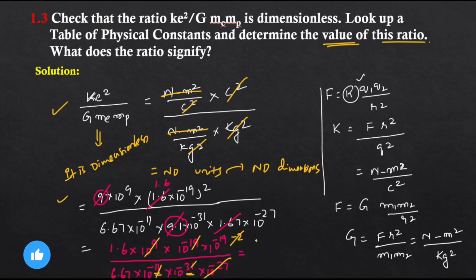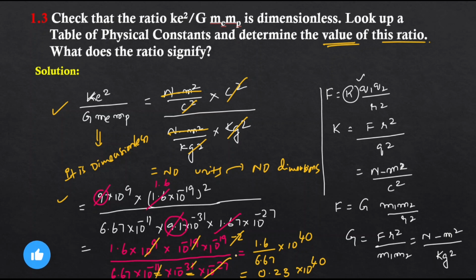So I am simplifying the final value 1.6 by 6.67 into denominator 10 to the power minus 40. I am going to write it into numerator, it can be 10 to the power of 40. So we will get here 1.6 by 6.67. If you do the division, approximately we get 0.23 into 10 to the power of 40. This is the ratio value.